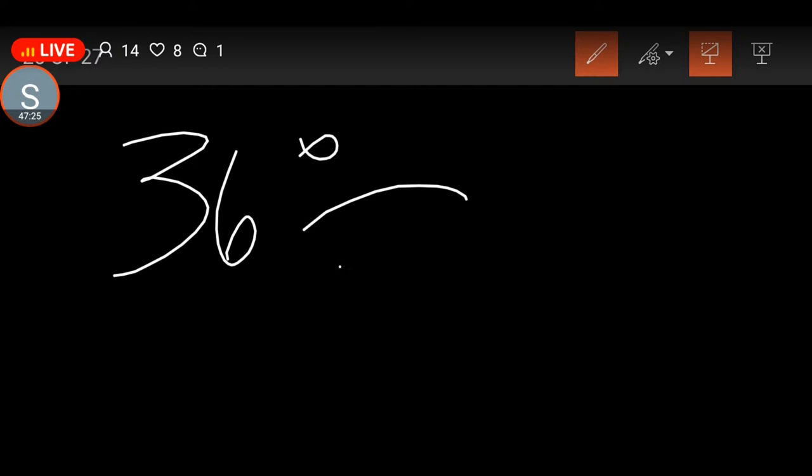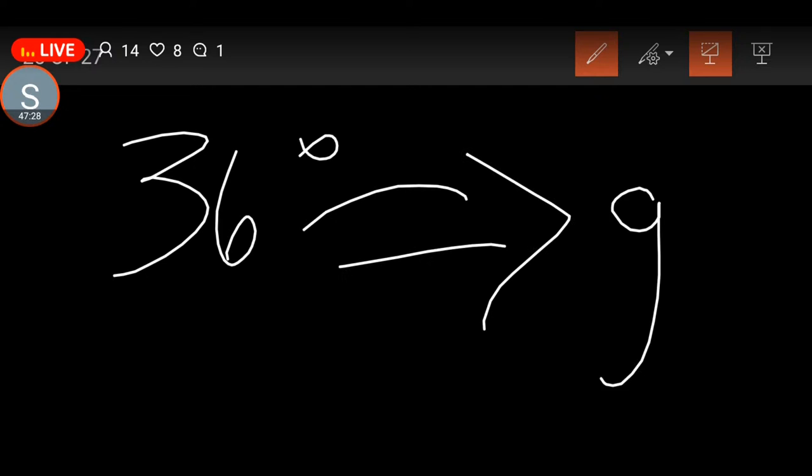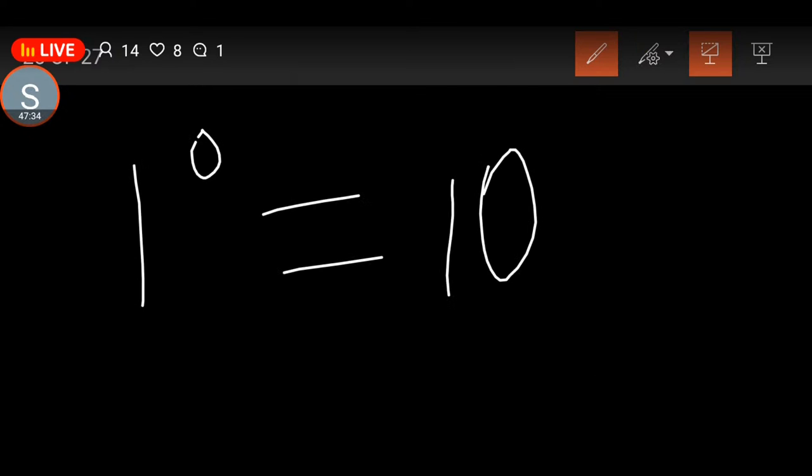Let's do some problems. Convert 36 degrees into grades. How to convert? We use the formula 1 degree is equal to 10 by 9 grades.